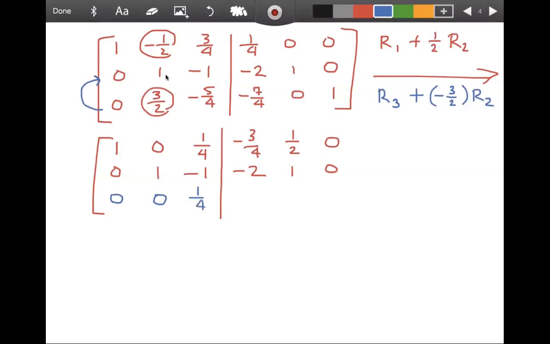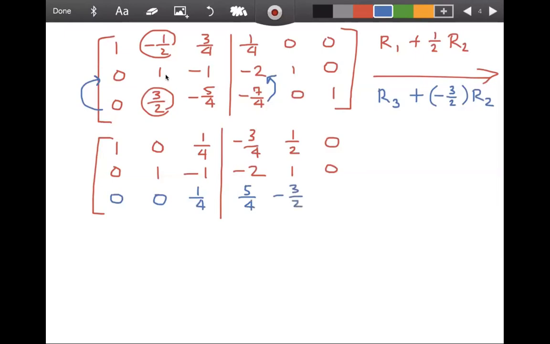Negative 7/4 plus negative 3/2 times negative 2 is negative 7/4 plus 3, which is negative 7/4 plus 12/4, which is 5/4. 0 plus negative 3/2 times 1 is negative 3/2.